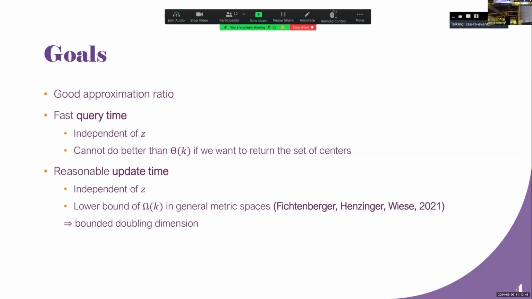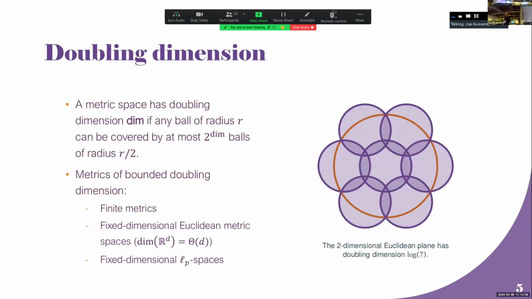So that motivated us to consider a restricted scenario where we consider metrics of bounded doubling dimension. So let me just quickly define what that is. A metric space has bounded doubling dimension d if any ball of radius r in that metric space can be covered by at most 2 to the d many balls of half the radius.